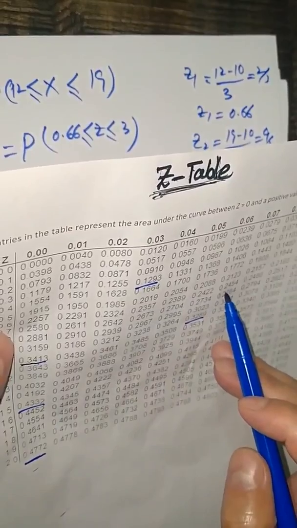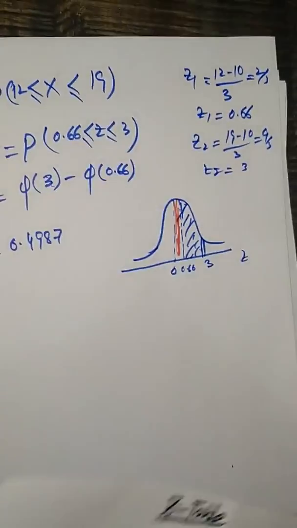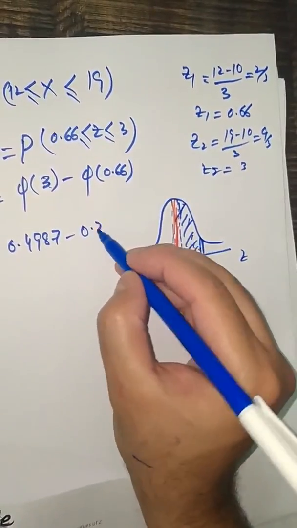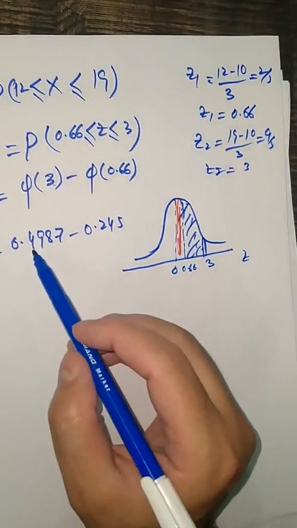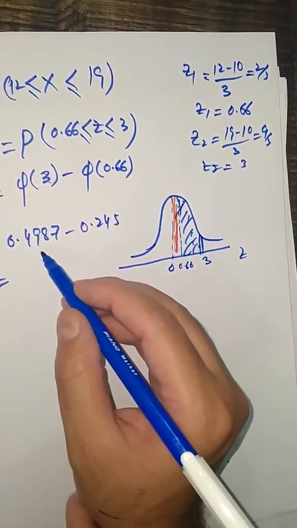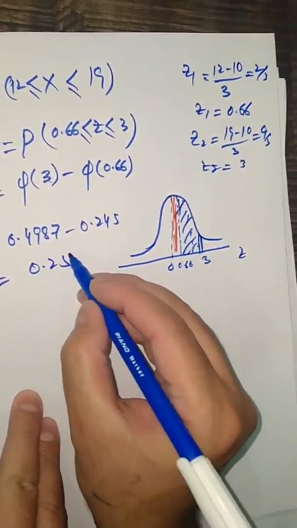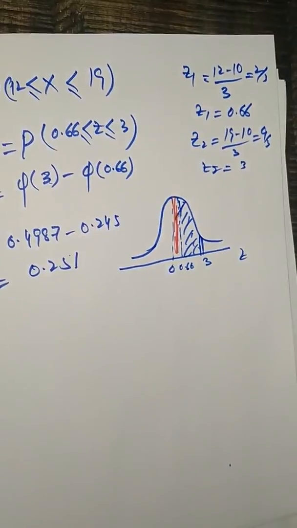Here 0.666 is equal to 0.245. When I subtract this value, I will get the result 0.251.